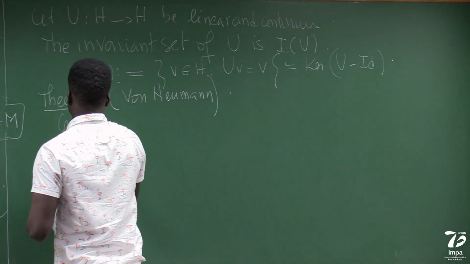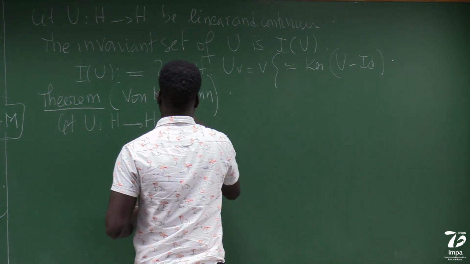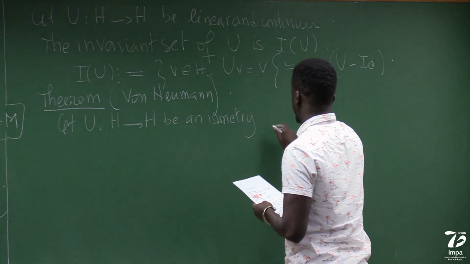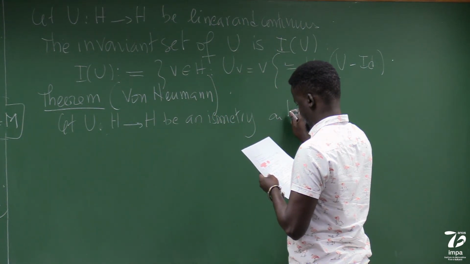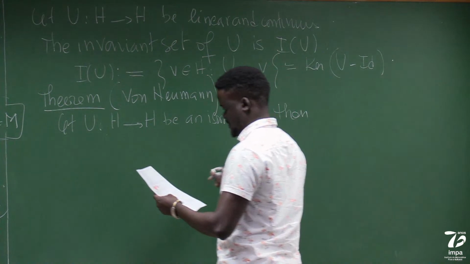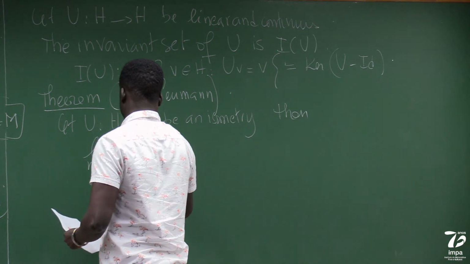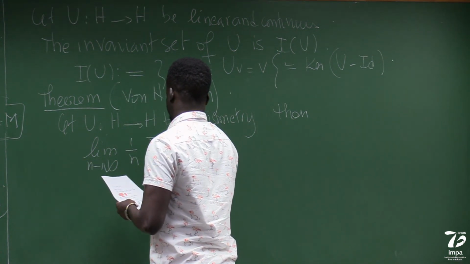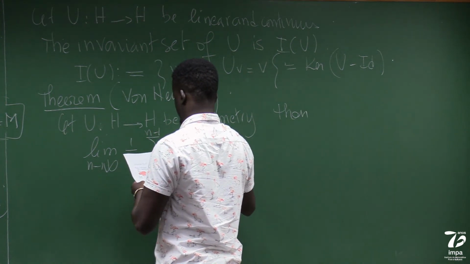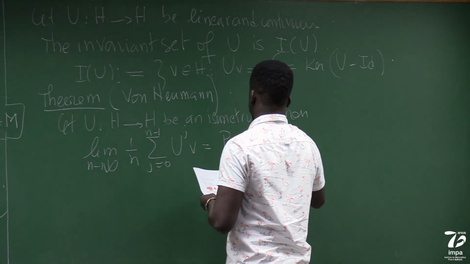So let U from H to H be an isometry, and then you have the following: the limit when n goes to infinity of 1 over n times the sum from j equals 0 to n minus 1 of U^j v is just P_{I(U)} of v.